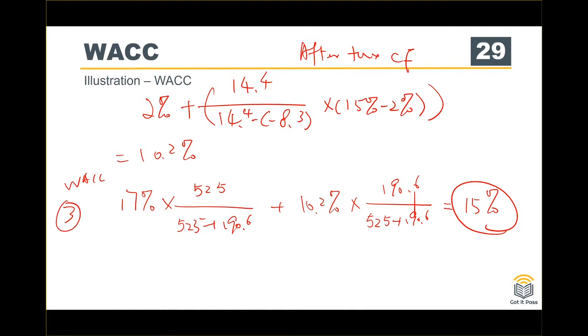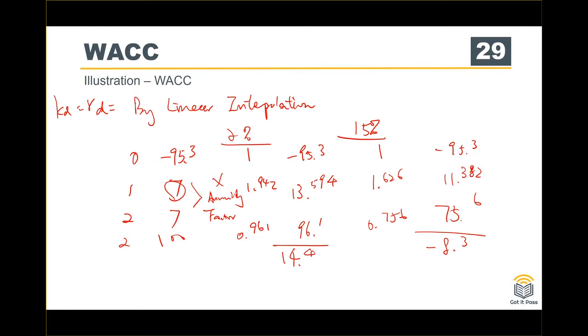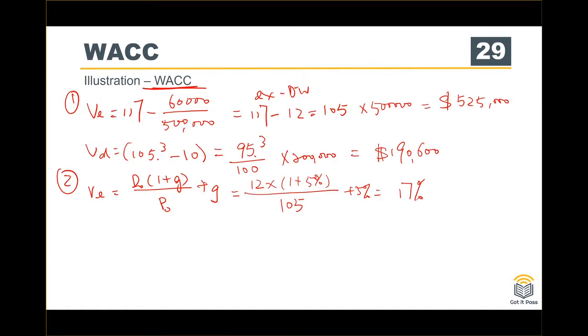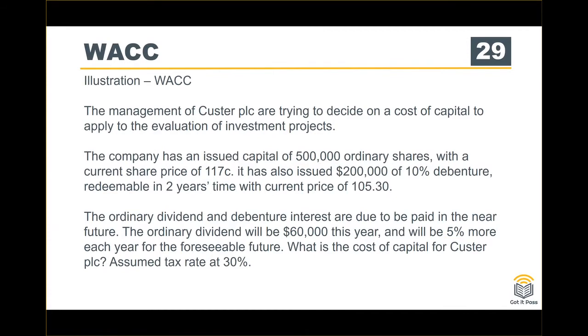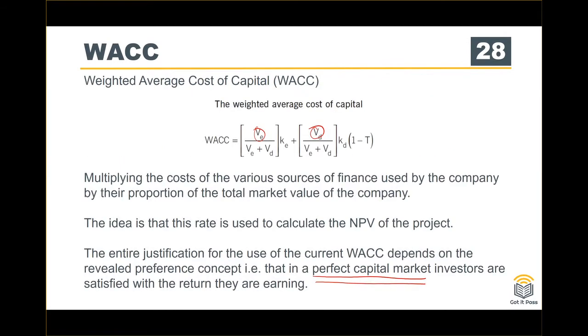And one more reminder to you is about the cost of debt. If you use the after-tax cash flow here, you have no need to adjust any tax in your formula. Because the formula you still remember, we show here is the cost of debt adjusted by tax.